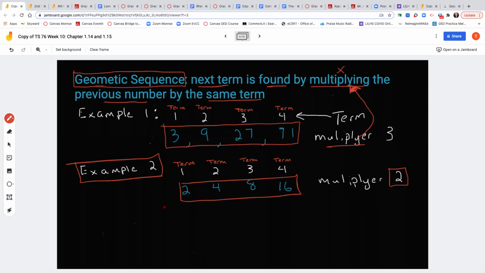And if you are going along and it's the multiplier of 3, but then all of a sudden you get another number that's different than 3 times the previous term, and it's not an arithmetic sequence, and it's not the same multiplier, then you would say none of the above, it's not geometric or arithmetic. Okay, so again, the key concept: a geometric sequence is where you're multiplying the previous term by the same number. Arithmetic sequence, you're adding to the previous term.